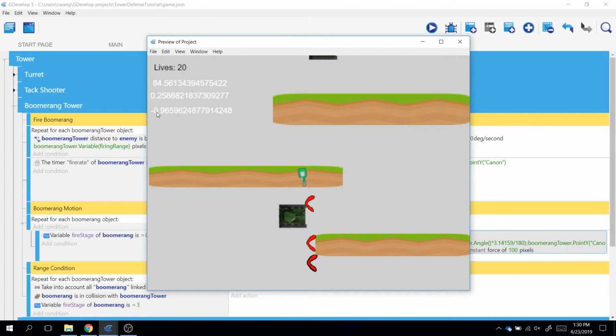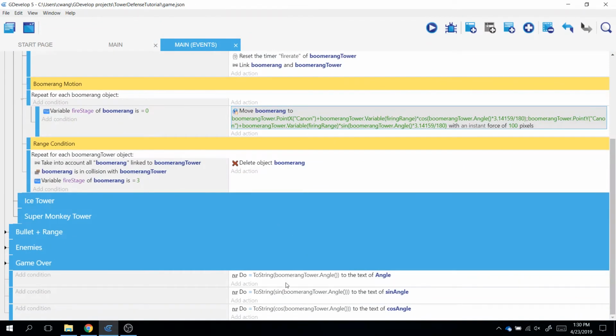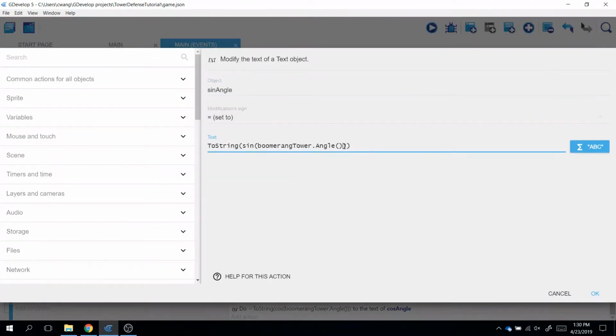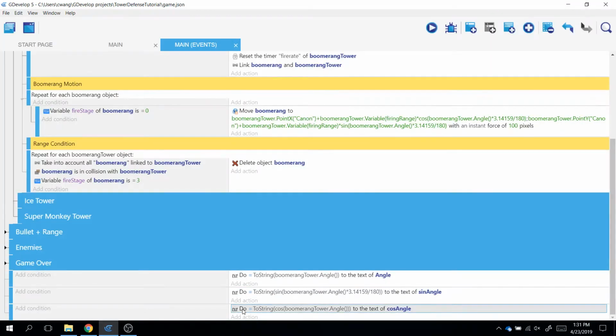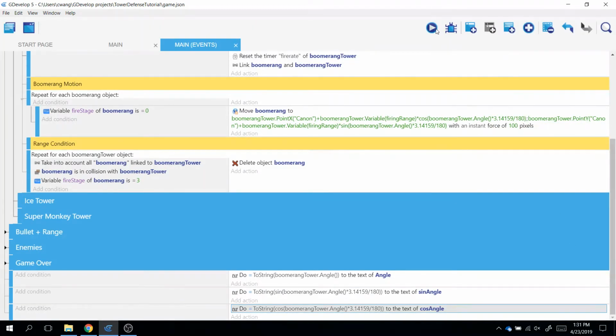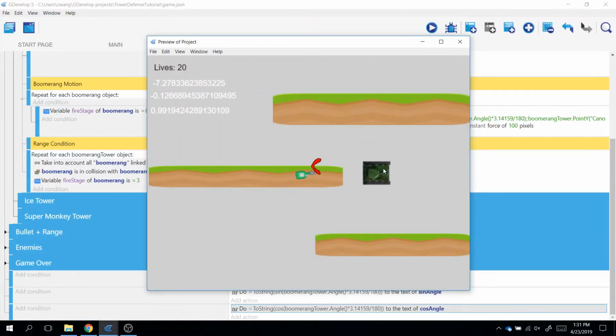Awesome. And these numbers aren't quite accurate. If I want them to be accurate, I need to multiply this angle by 3.14159 divided by 180. Let's copy that. Same thing here. And let's go ahead and check. Alright, so now cosine of 0 is about 1.